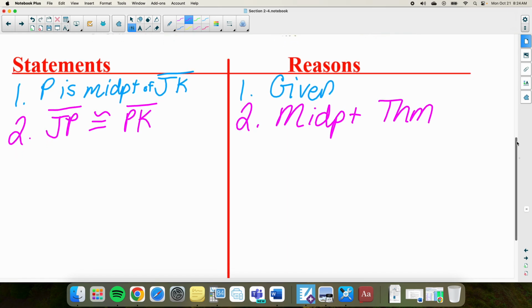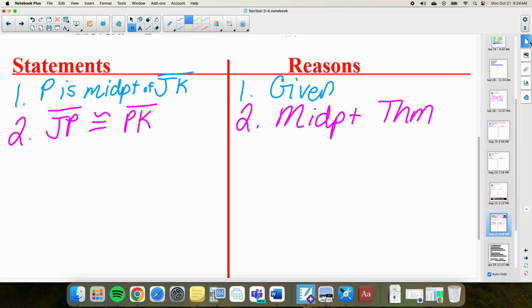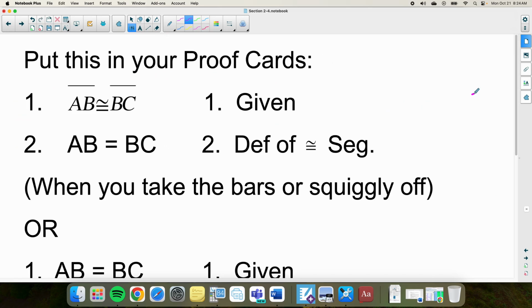Now, what we're going to do, I'm going to go to this next page here. Okay, so right below the midpoint theorem on your cheat sheet is the step that we have to do next.